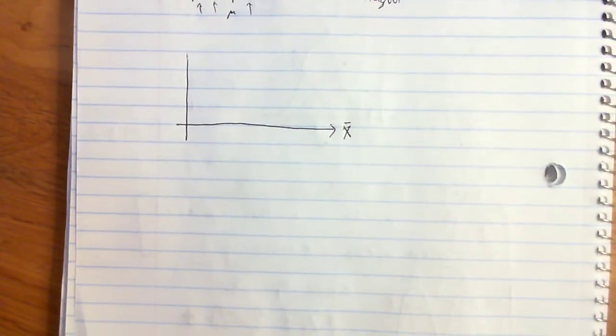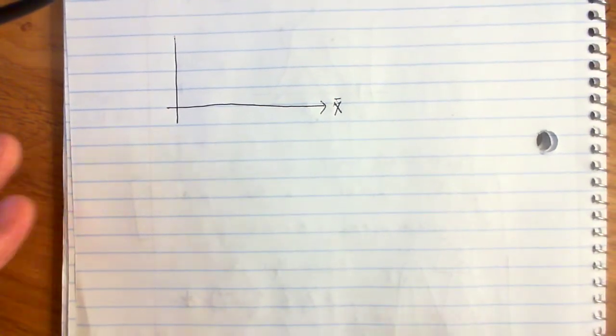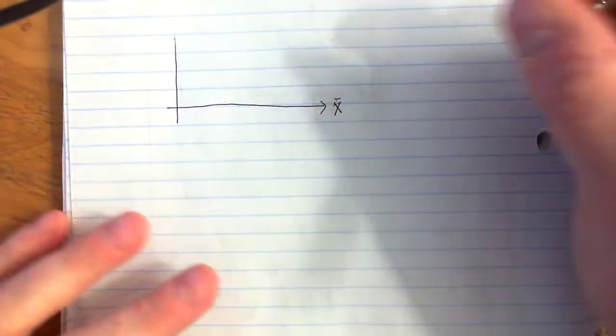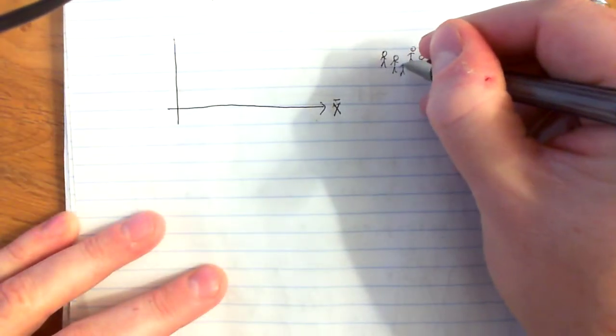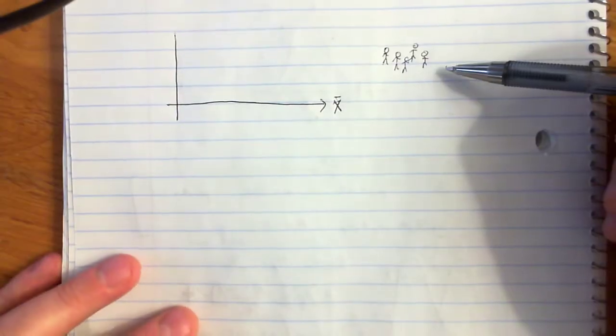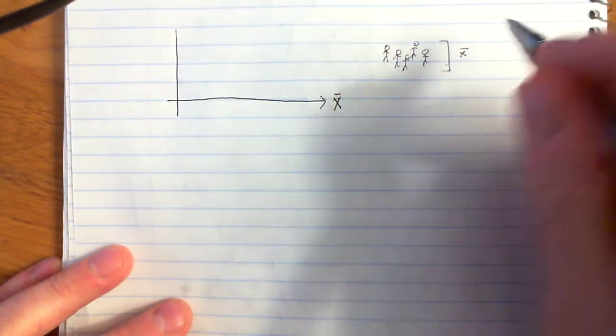And we're going to make this graph. I randomly select a group of, let's just say 5, since it's fewer to draw. I randomly select 5 grad students, and I measure their height, x bar. Little x bar is the height of a particular sample.